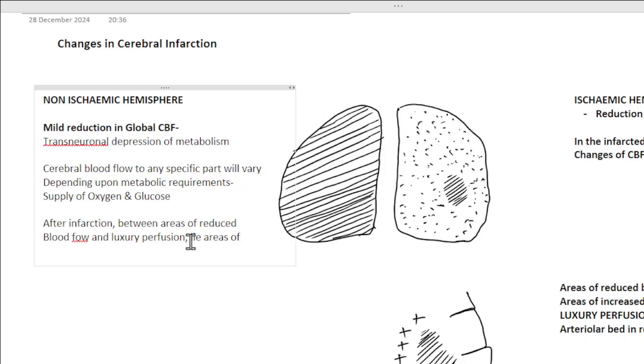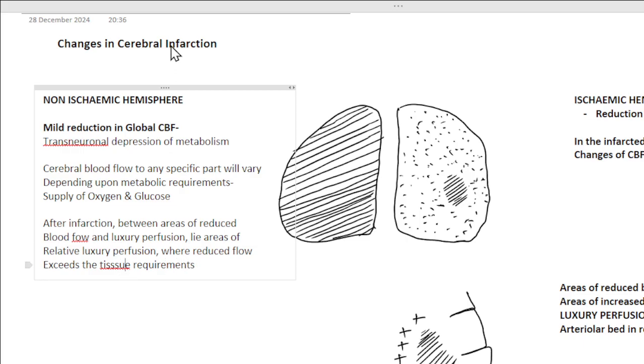Areas of relative luxury perfusion where a reduced flow exceeds the tissue requirements, right? Tissue requirements.